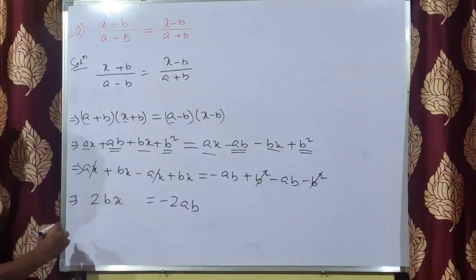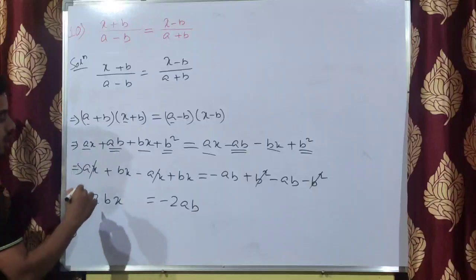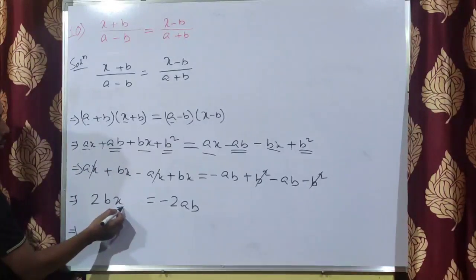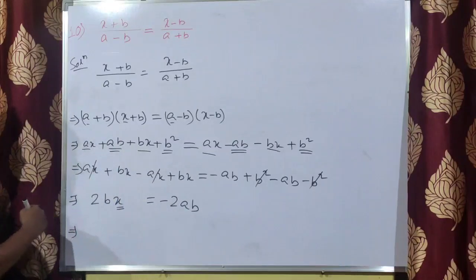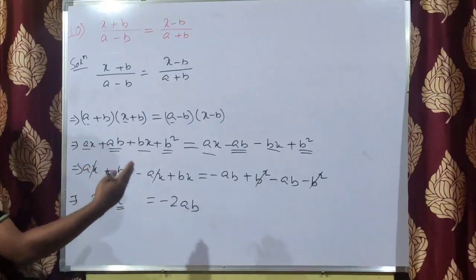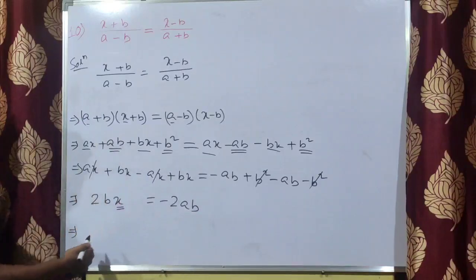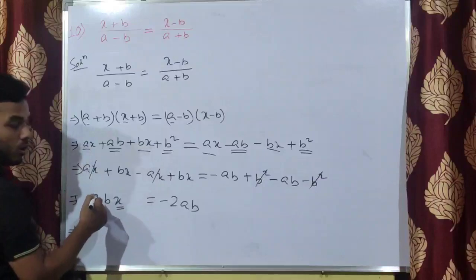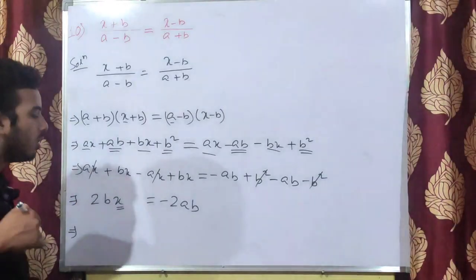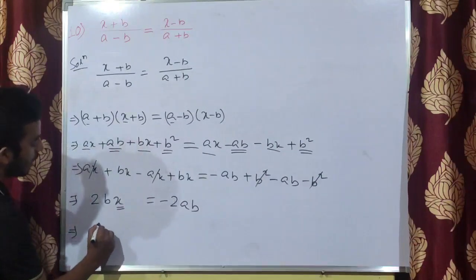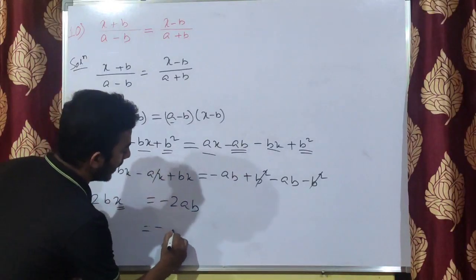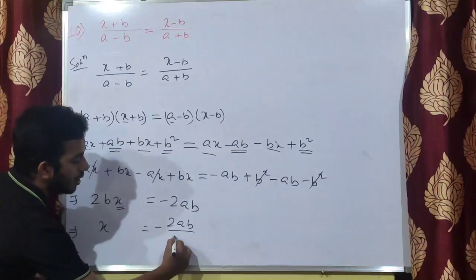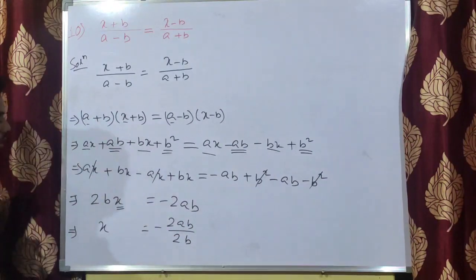After that we have to find the value of x, right, so we will keep x on the left hand side, and the remaining we will take to the right hand side. As there is multiplication, twice bx, when we change the side, we know it will be divide, so we can write x equal to minus twice ab divided by twice b, right.